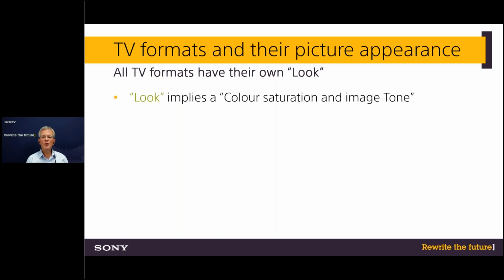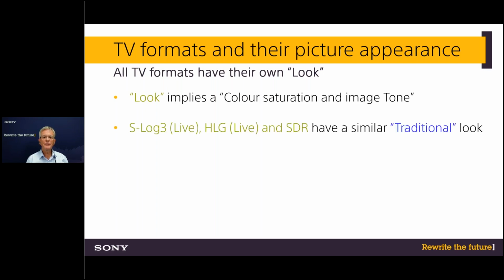So all TV formats have their own look, and the look implies a color saturation and an image tone. There are 2 types of look that we're going to consider in this slide. The first is what is known as a traditional look, as used in standard dynamic range video, and in what Sony refers to as the HLG Live and the S-Log3 Live operating mode.